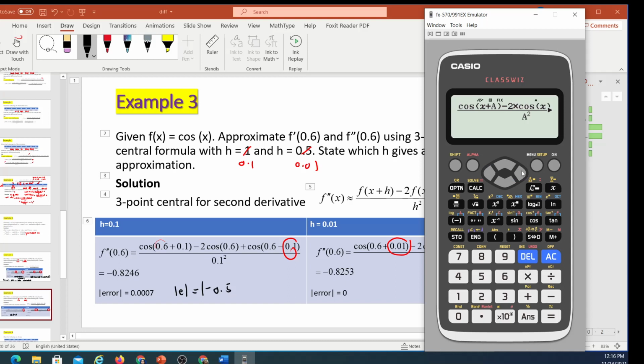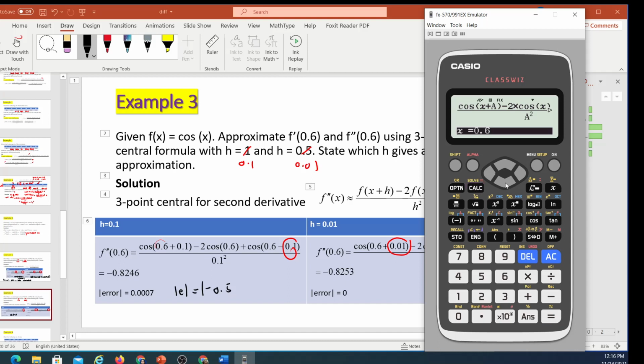I put multiply to be sure. Then x is still 0.6. Let's say h is 0.01 first, so you get negative 0.8253.